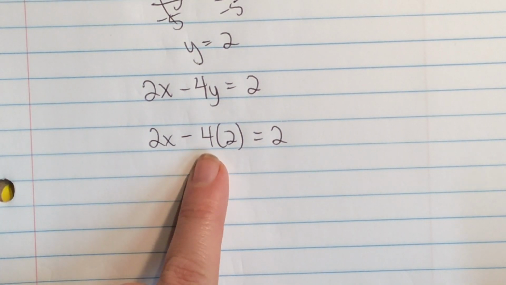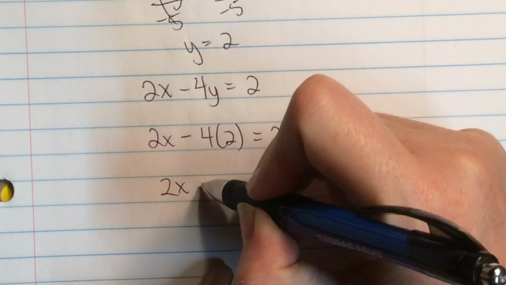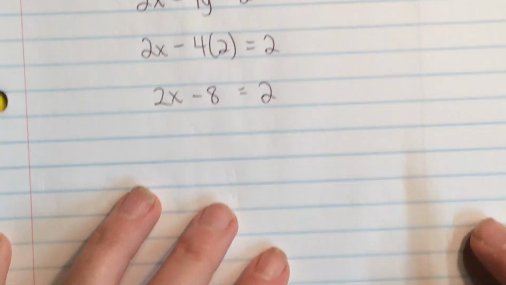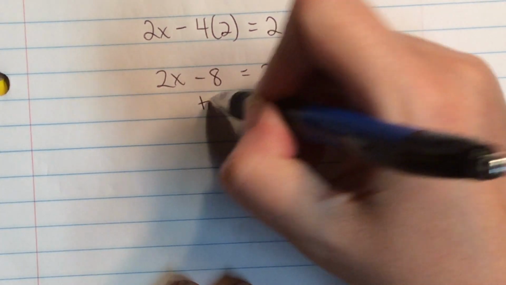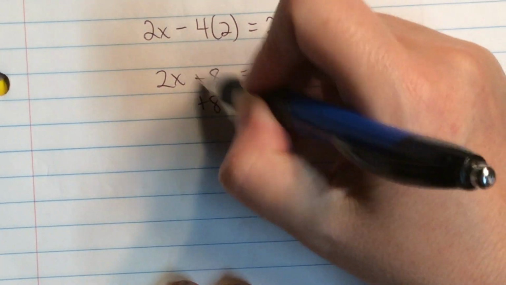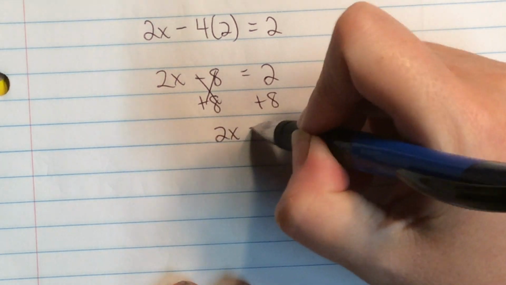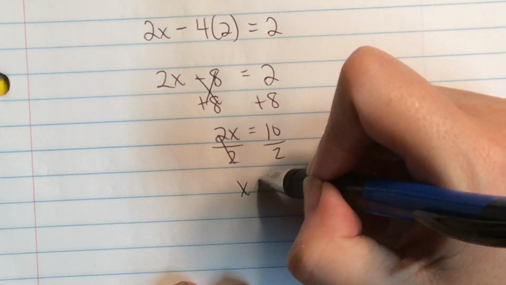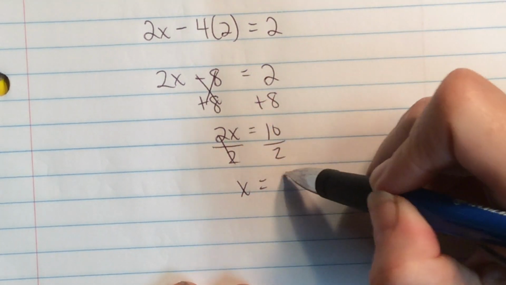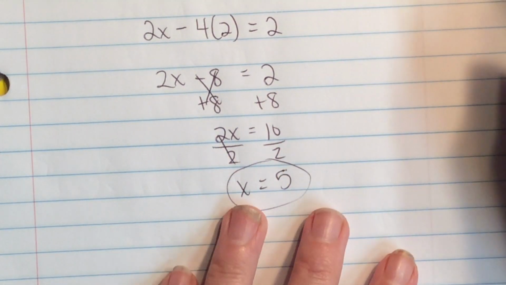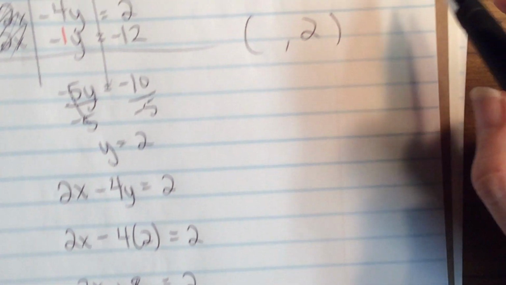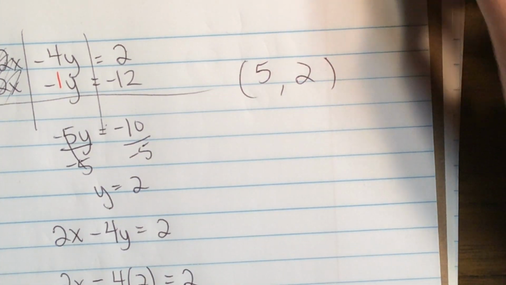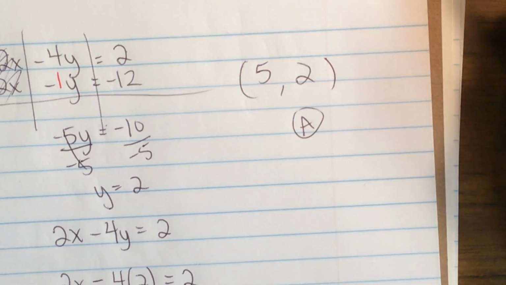Don't forget it's 4 times 2, so that's 2x minus 8 equals 2. Now I'm going to add 8, and I get that 2x equals 10. Divide by 2 on both sides. 10 divided by 2 is 5. So x is 5 and y is 2. So my coordinate point is 5, 2, which is A.